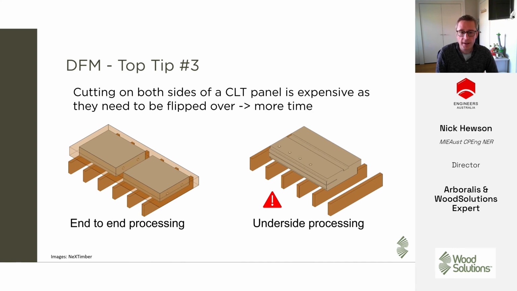So that has a significant time impact, which then equates to cost. So again, if your details can be machined from one side, that's obviously absolutely ideal. Glulam has less requirements there, but engaging with the supplier and understanding what their machinery capability is remains very crucial.